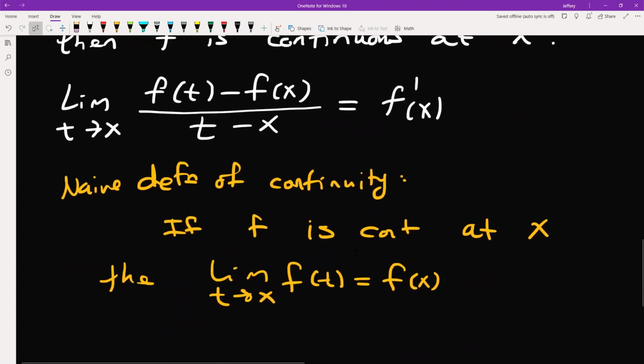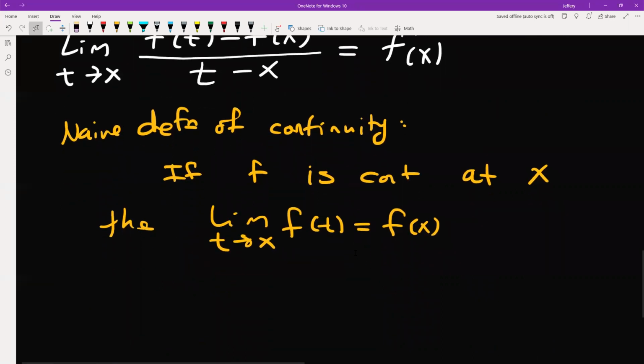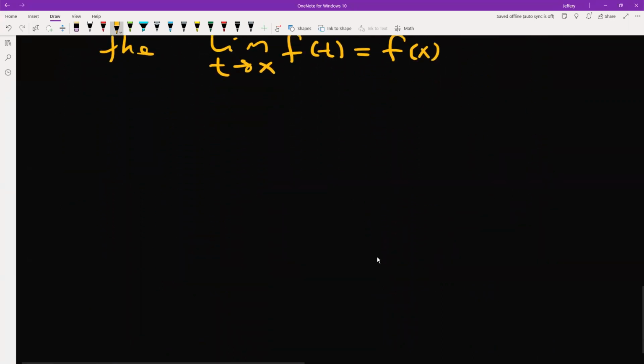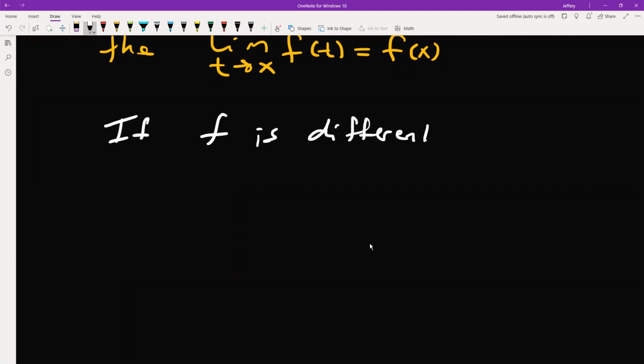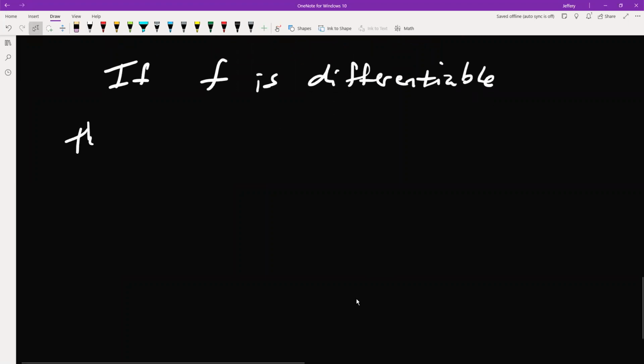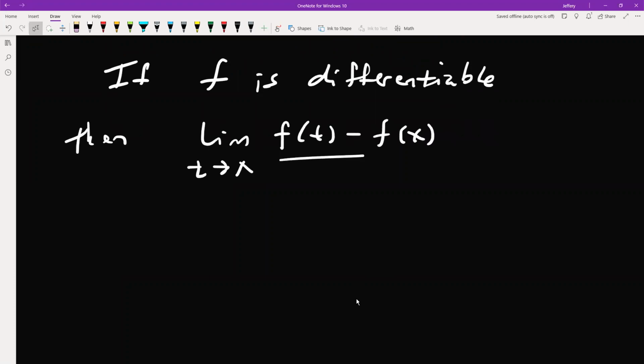So here's what we're going to do. We're going to say, if f is differentiable, then the limit as t goes to x for f of t minus f of x over t minus x is equal to f prime of x. We want to show that f is continuous.